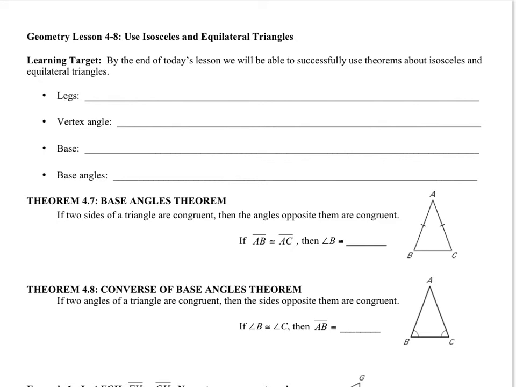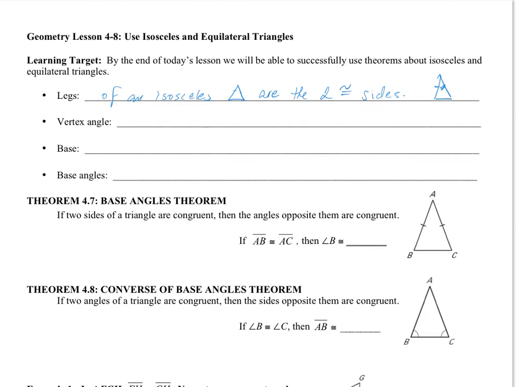The legs of an isosceles triangle are the two congruent sides. So if this was an isosceles triangle, these would be the two legs.